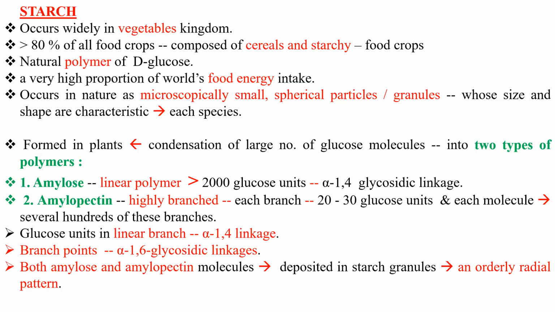In each branch, there are 20 to 30 glucose units, and each molecule contains several hundreds of these branches. Glucose units in the linear branches of amylopectin are attached with alpha-1,4-glycosidic linkage, whereas branch points are attached with alpha-1,6-glycosidic linkage. Both amylose and amylopectin molecules are deposited in starch granules in an orderly radial pattern.